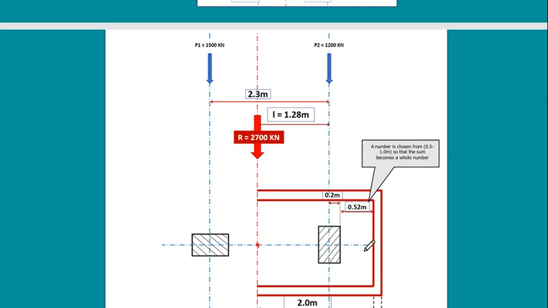From here to there, this is unknown for me, but as it is given by common practice, we take it something between 0.5 meter and 1 meter. If I take it between 0.5 and 1 meter, it will be okay for me.